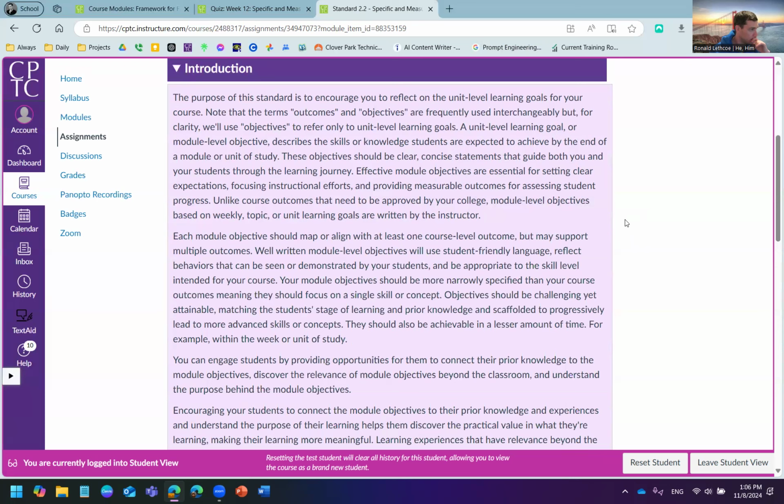So we've got the text here where it's talking about the difference between the outcomes and objectives.